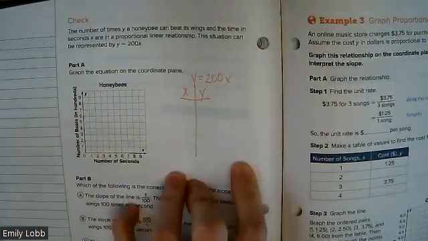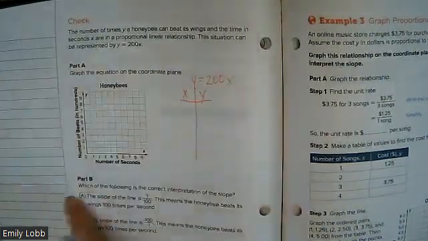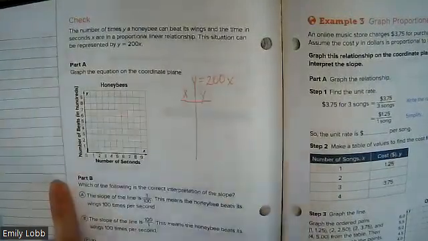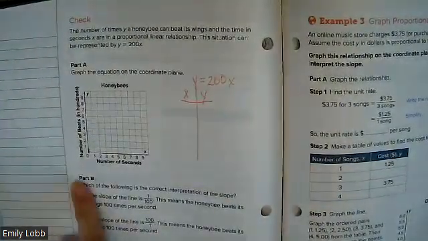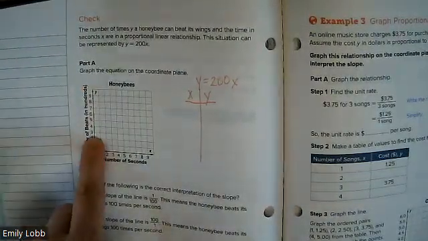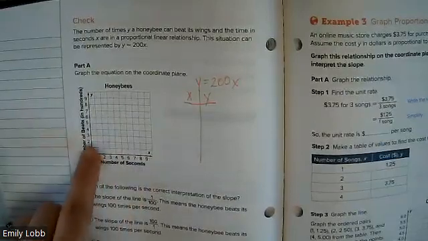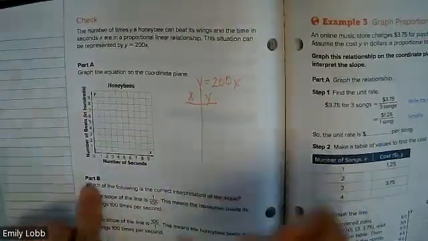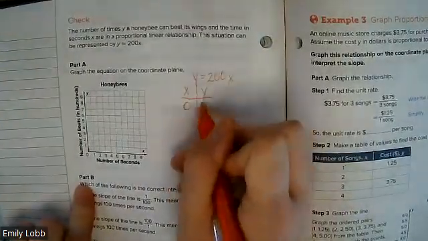or you could do this like you were drawing a line, your y-intercept is 0. Why is it? Oh, these are in hundreds. So here is 200. Here is 400. Here is 600. So at 0, y is at 0.